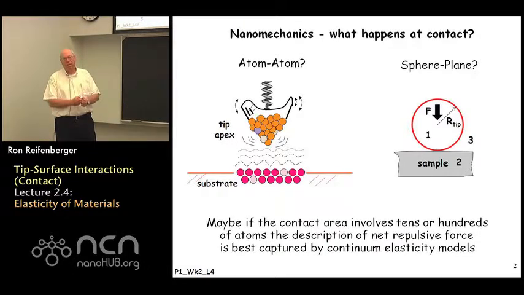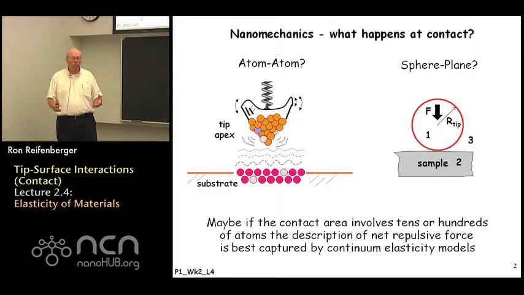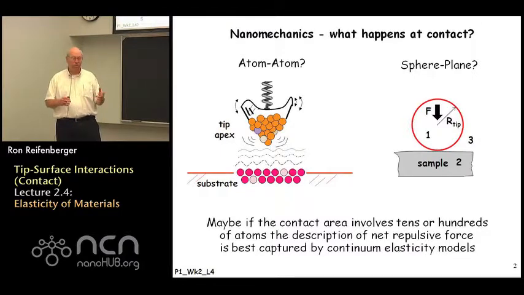The fundamental dilemma that we have to sort out here is the fact that when a tip is in contact with a substrate, the size of that contact region is on the order of nanometers. And so the issue is how you deal with that in an appropriate way. And you basically have two choices. One choice, you can pretend that the tip is made up of individual atoms and the substrate is made up of individual atoms, and perhaps not all the tip atoms are identical, and perhaps not all the substrate atoms are identical.